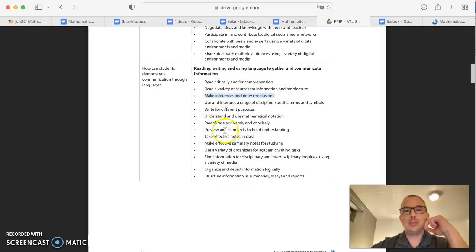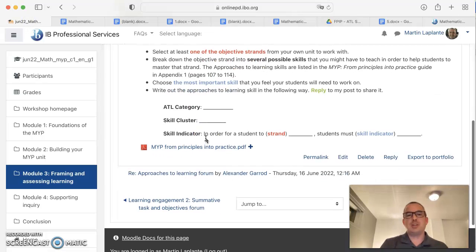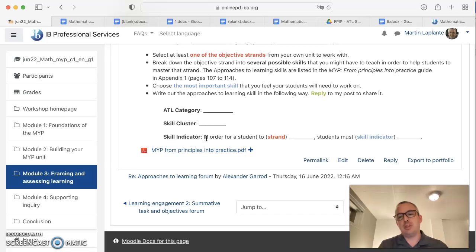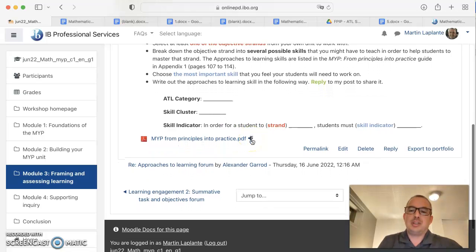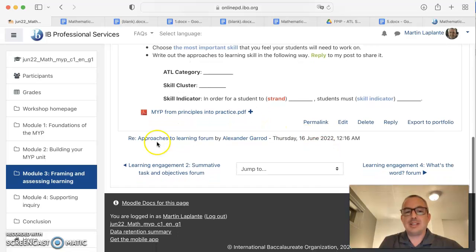So there are many things that we can use here. Also, the idea here is just to select a strand and a skill indicator that goes with it. Of course, if you would go with a category 2 workshop, then we'd have to define the activity explicitly.